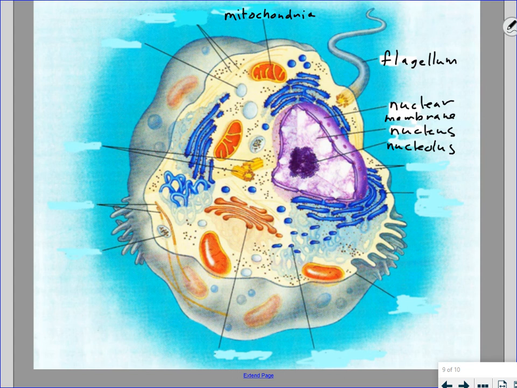So when your cell needs to make something, let's say it needs to make insulin, your cell will signal to the nucleus, insulin is needed. The nucleolus will find the part of your DNA that is the instructions for making insulin. It will make a copy of that section of the DNA and send that copy out of the nucleus into the cell.